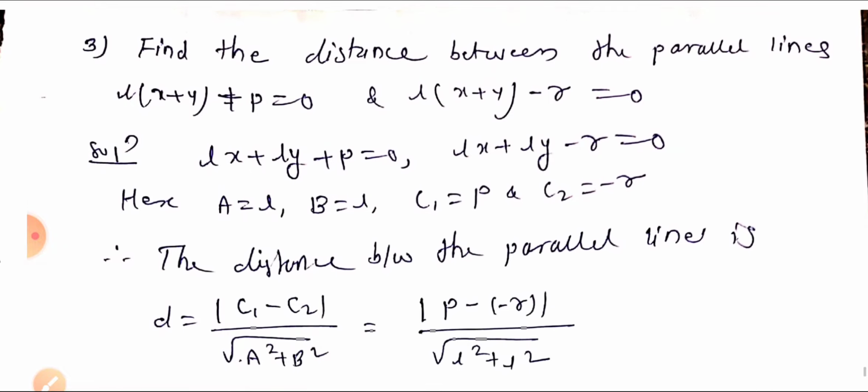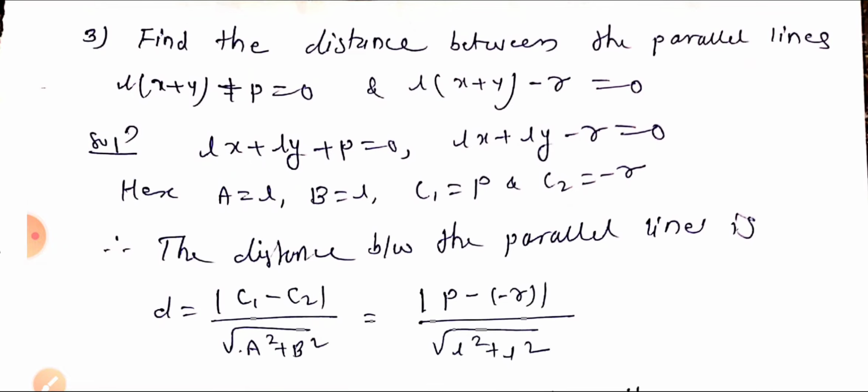The next example: find the distance between the parallel lines l(x plus y) plus p equal to 0 and l(x plus y) minus r equal to 0. Solution: the two given lines are lx plus ly plus p equal to 0 and lx plus ly minus r equal to 0. Here a and b are l, c1 equal to p and c2 equal to minus r. Then we use the formula, the distance between two parallel lines is d equal to modulus of (c1 minus c2) by root of (a square plus b square).